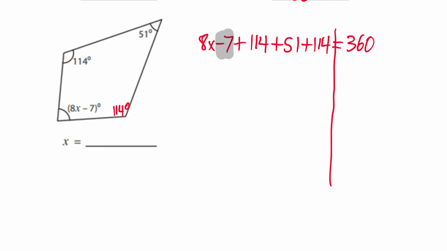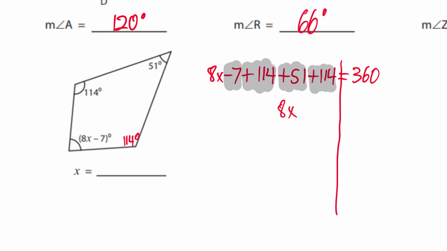All right, so I'm going to combine like terms: negative 7, 114, 51, and 114. 8x is just going to stay by itself right now. So negative 7 plus 114 plus 51 plus 114 is 272.